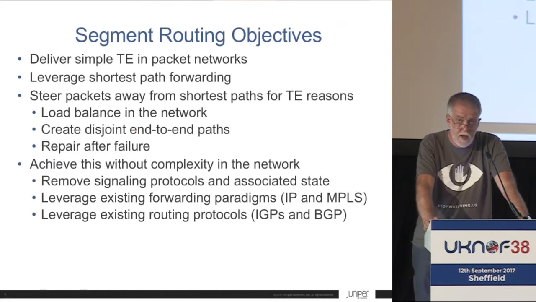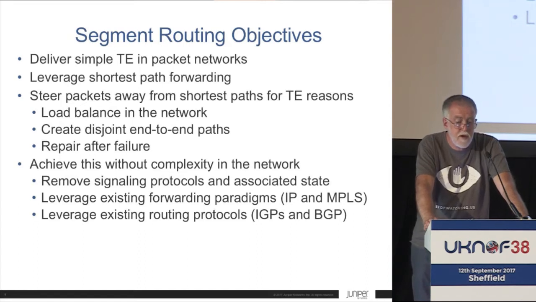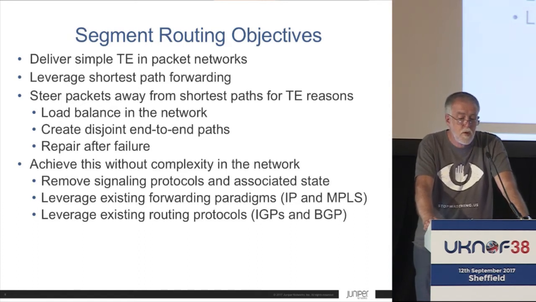So objectives are pretty much the TE objectives. But we're trying to leverage the shortest path forwarding, so to benefit from what the IGPs are doing, and then periodically or for specific points, steer the traffic away from the shortest path to either load balance or create protection paths or repair after failure.